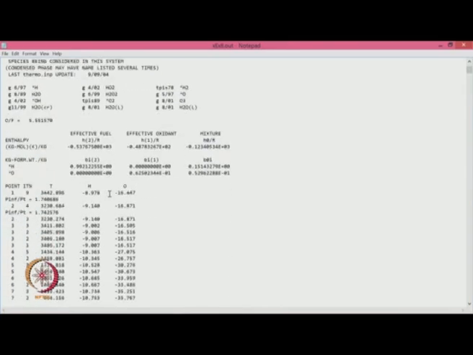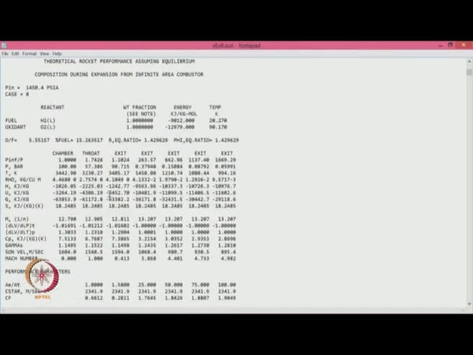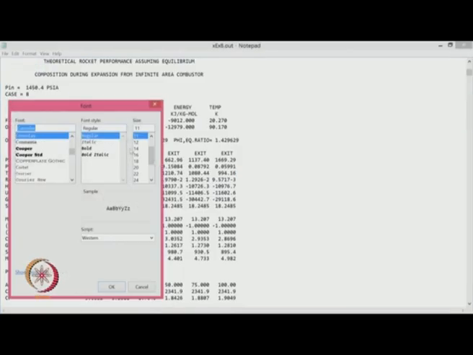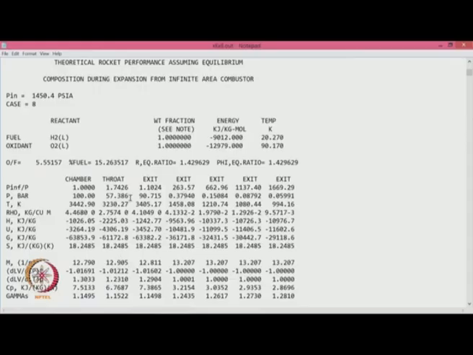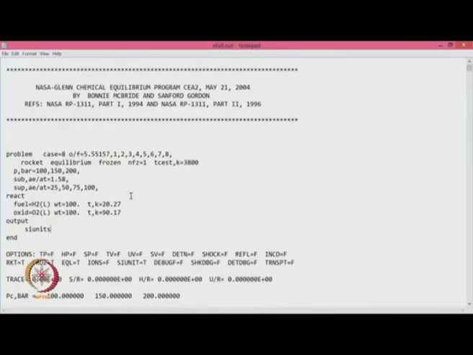Supersonic area ratios, what the reactants are, and the units in which the output file is expressed. So, if you look at the output file here, firstly the O by F ratios that we have chosen are indicated here.